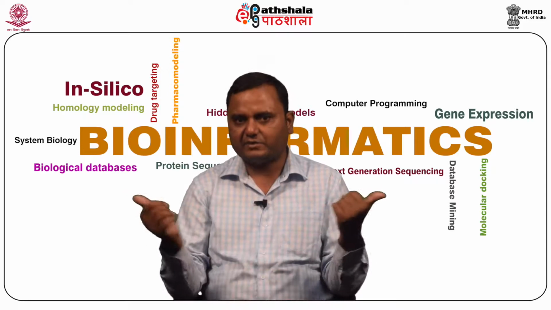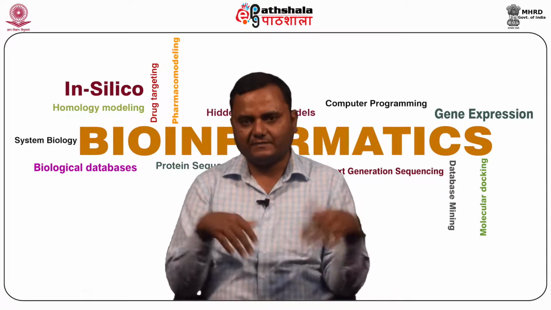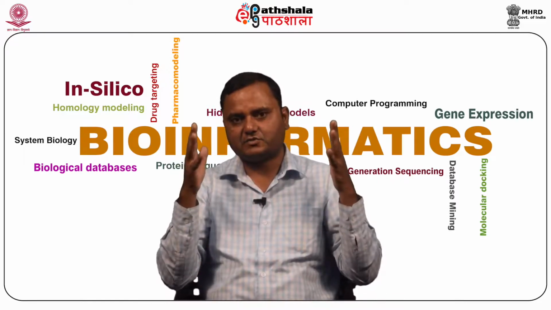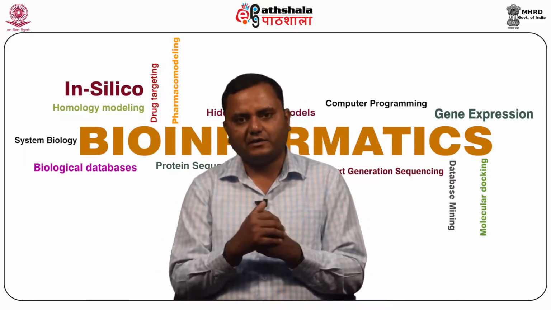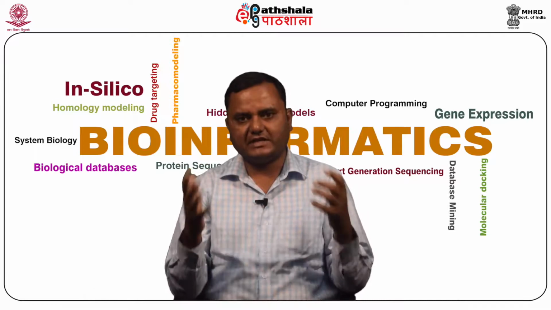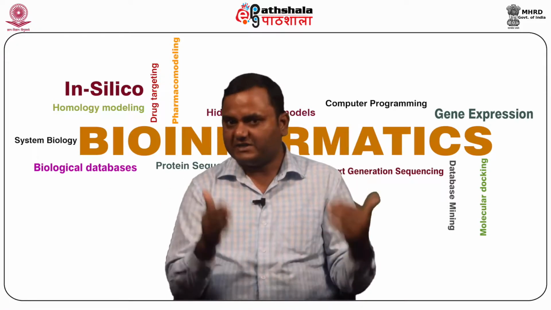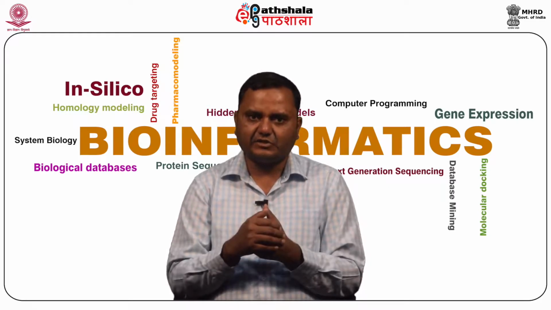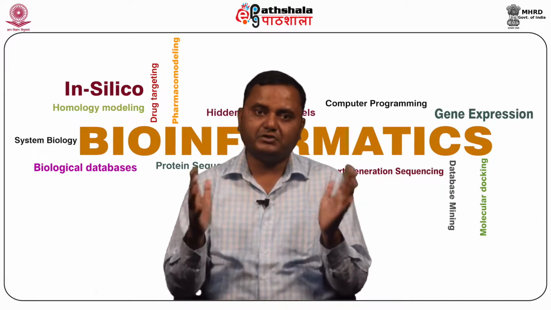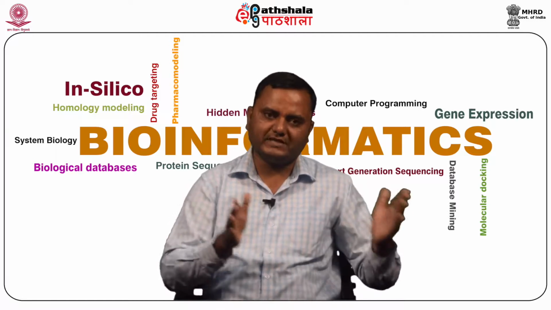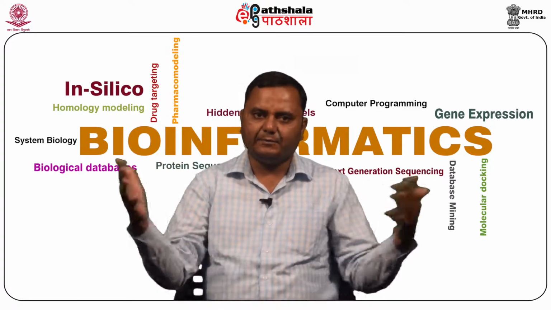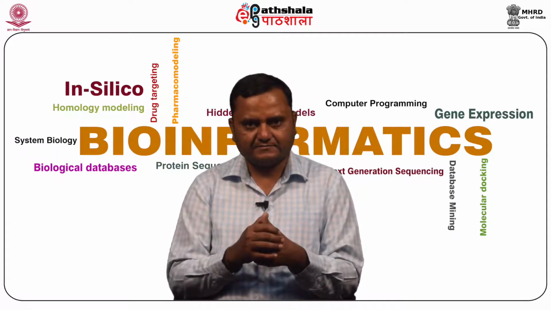It classifies proteins according to three-dimensional structure and secondary structure content, and according to evolutionary relationship. So SCOP also helps to establish the evolutionary relationship between many proteins and many sequences.